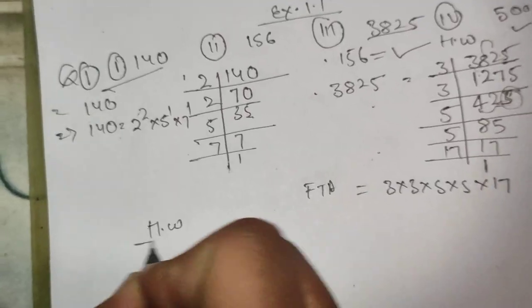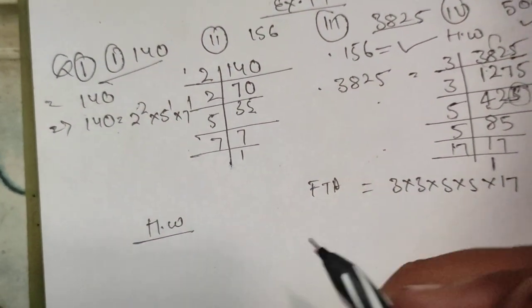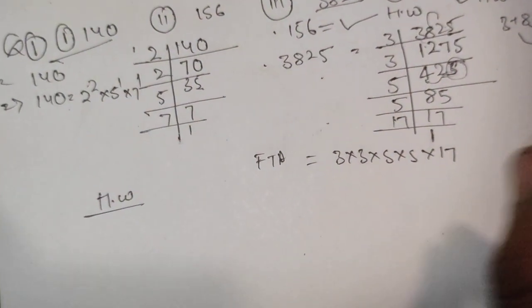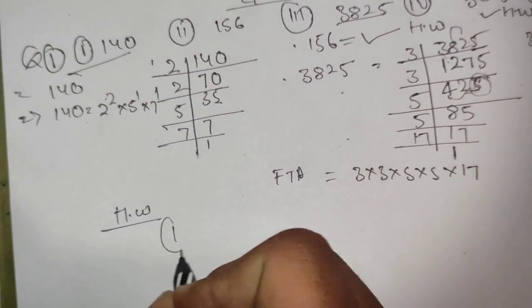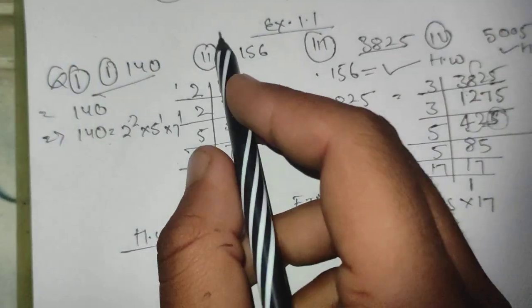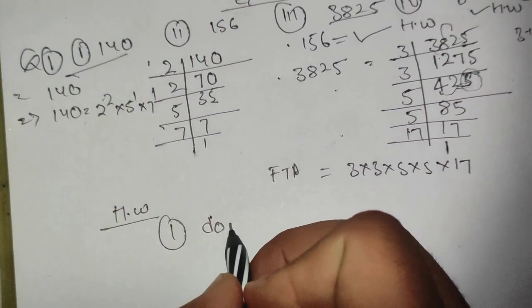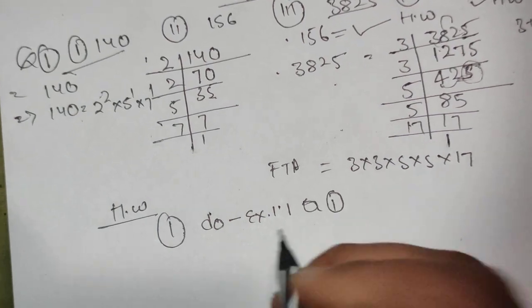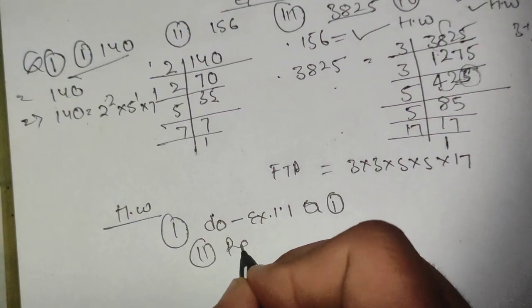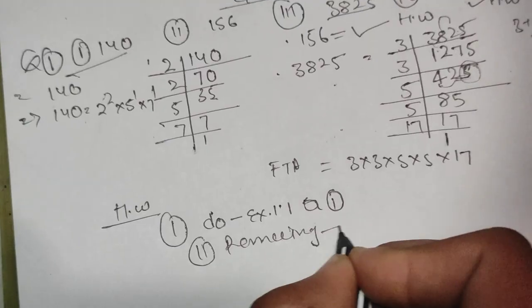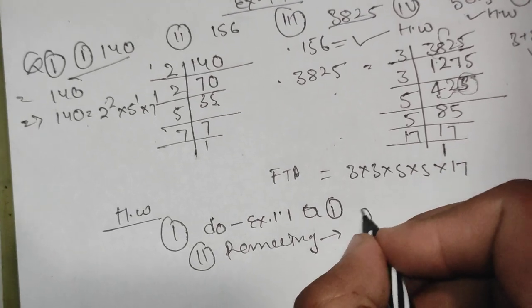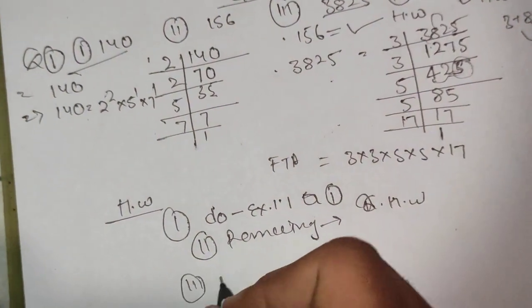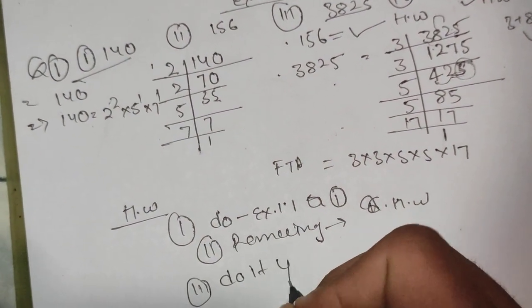In the next class we will discuss the remaining part of this, and then we move to LCM and HCF, the factors, and some interesting questions. So do exercise 1.1, question 1 again, the remaining questions of the previous HW, and the third one is do it yourself.